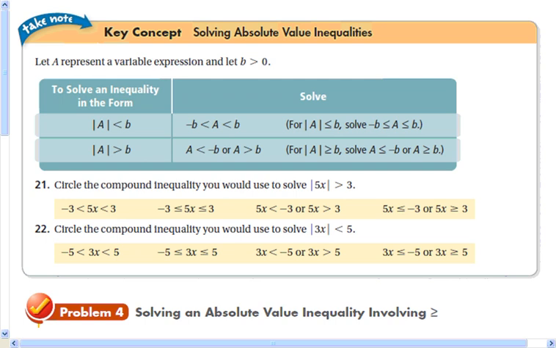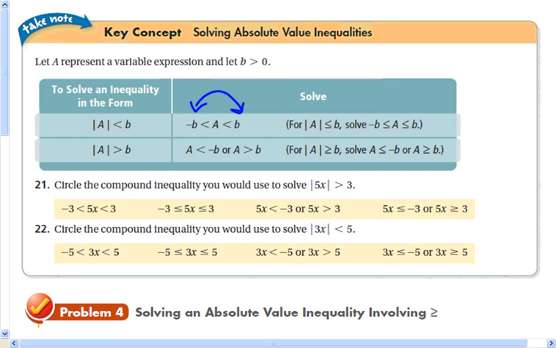So somewhere in this range, the distance from the origin is less than b units away. You have to remember with absolute value, you can be to the left of 0 or to the right of 0 and be that distance away.